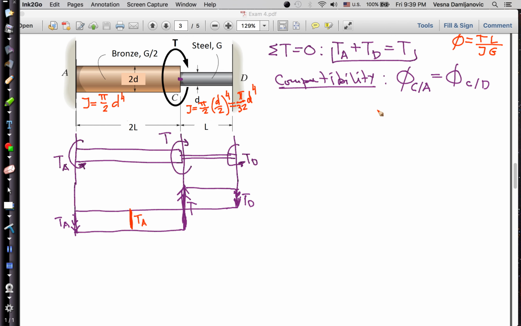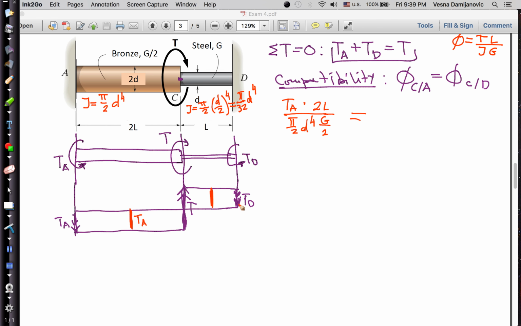It's TA, okay? And so this equation will then read TA times the length is 2L divided by J, which is this J. It's pi over 2 D to the 4th, and times G, which in this case is G half. Okay, and that's equal to phi C with respect to D. So it's for this section.